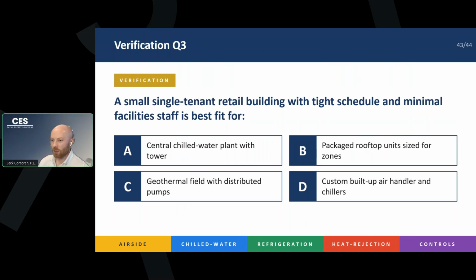You have a small single tenant retail building. And the answer is B, packaged rooftop units sized for zones, right? We don't want to go overkill here with a chilled water plant. A geothermal plant is going to be way out of the budget, and custom built up air handlers and chillers, while they could work, are going to be pricey for the custom built up ones.